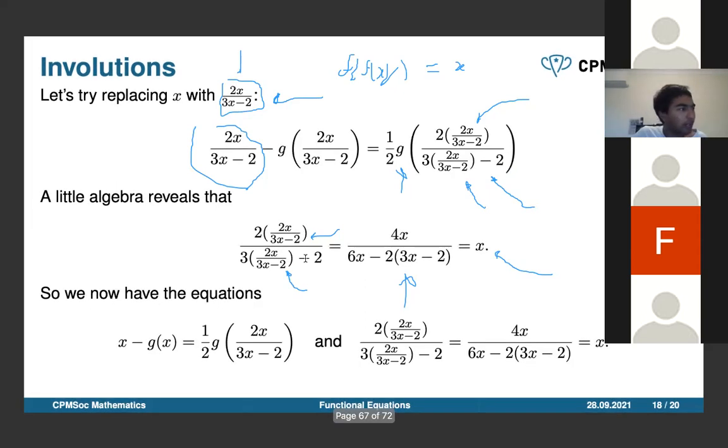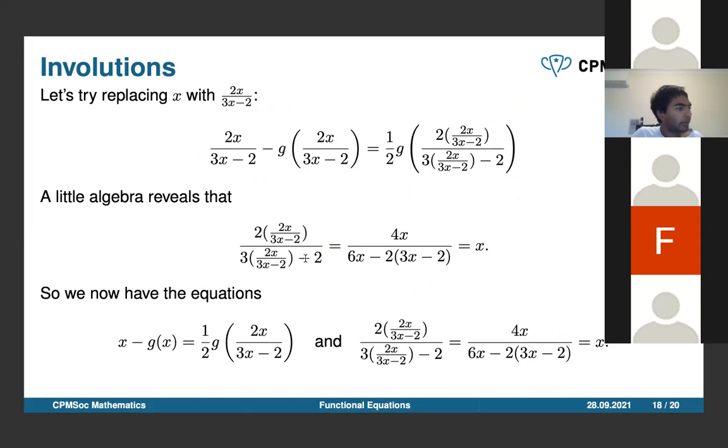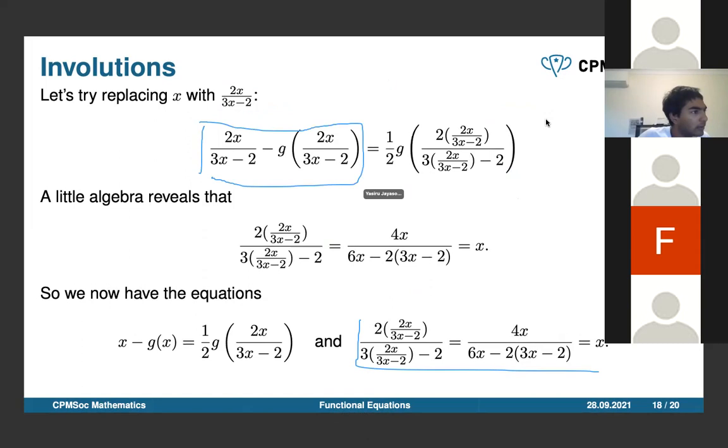Okay, so now we have two different equations. I think the second equation should be this one, so that's equal to g of x.